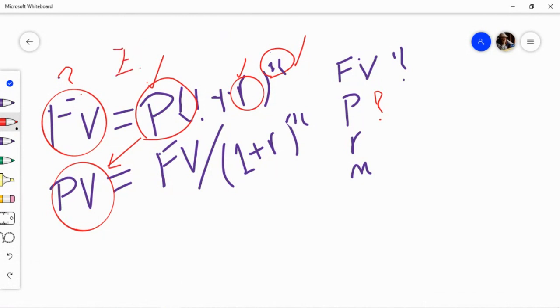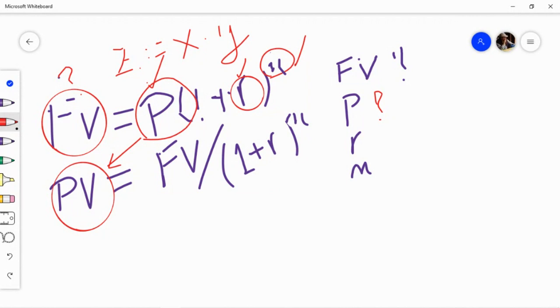Z equals x times y already tells us z is the unknown, and that's what we're solving for. But if x is the unknown, we can solve for x by dividing z by y. If y is the unknown, we can solve for y by dividing z by x.